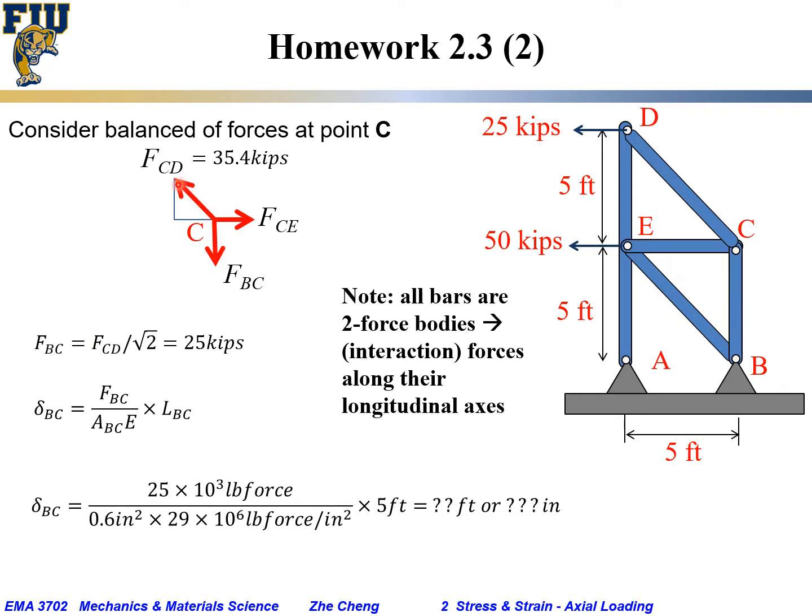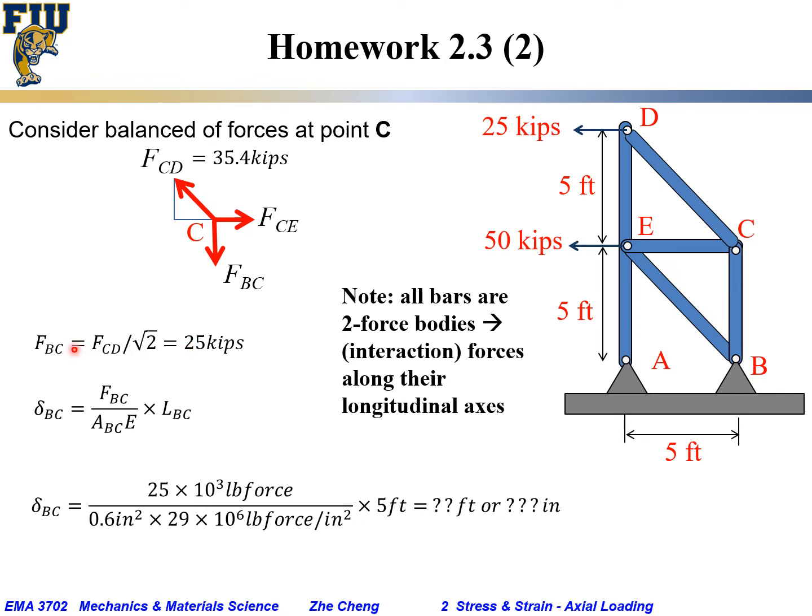Remember, same as before, the balance force triangle is similar to the triangle in the real geometry, which means this is 45 degrees, this is 45 degrees. What that means is the relationship of the vertical FBC to FCD must be 1 over square root of 2.